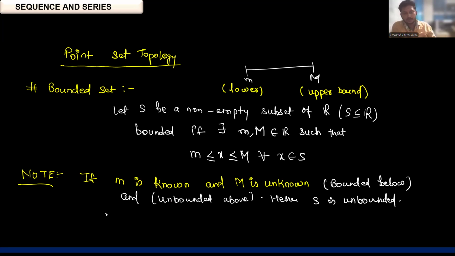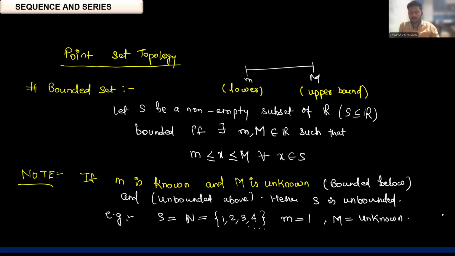For example, S is the set of natural numbers, with elements 1, 2, 3 and 4 and so on. These are elements where m is equal to 1 and capital M is unknown. So these are some notes about when small m is known and capital M is unknown.